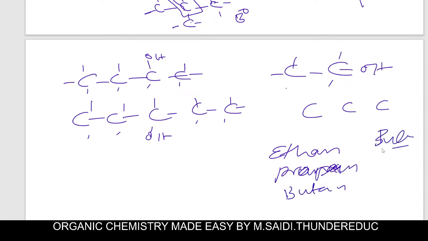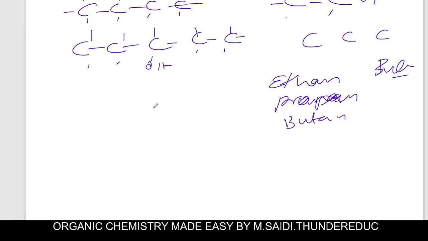This but thing, eth thing, prop thing, they stop only on alkenes, alkynes. For the rest, they go up to ethan, propan, butan, pentan, hexan, heptan, octan. Yes, they stop there. You have to extend up to that point.